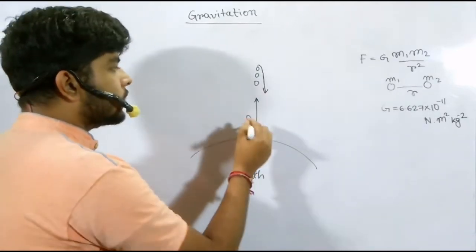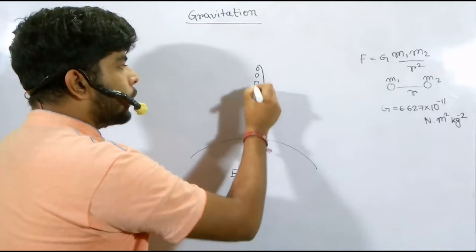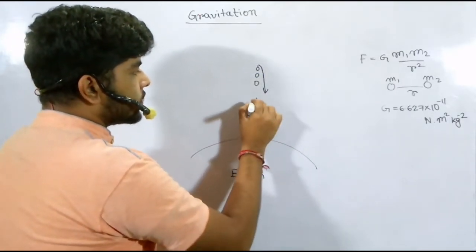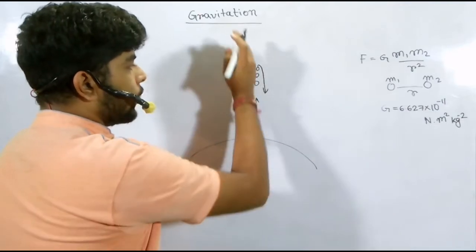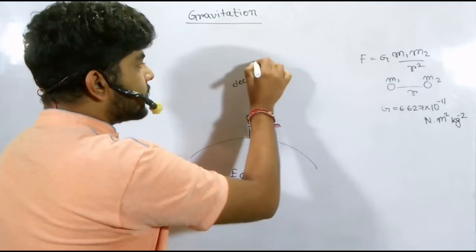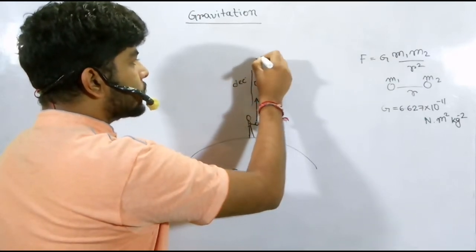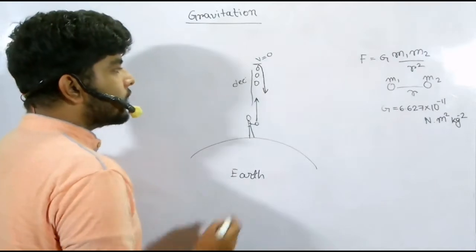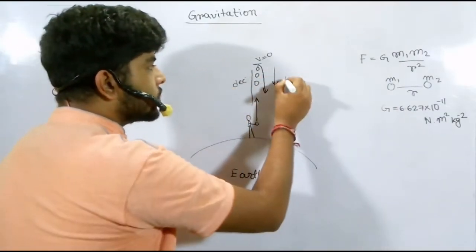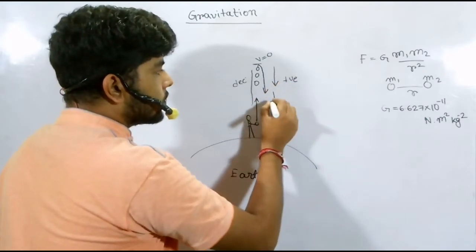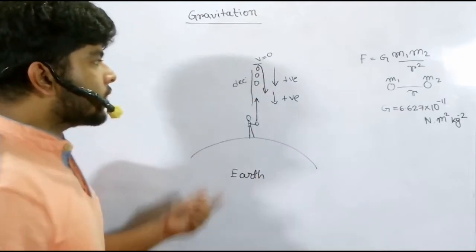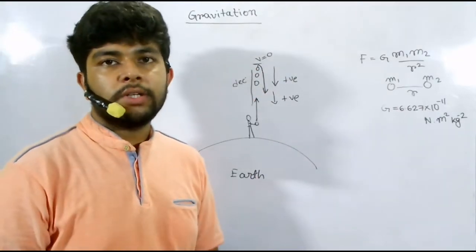In this motion, when the ball rises upwards, the velocity decreases. At the critical point, the velocity becomes 0. And when it falls towards the ground, the velocity increases. So in the whole journey, the velocity is continuously changing.